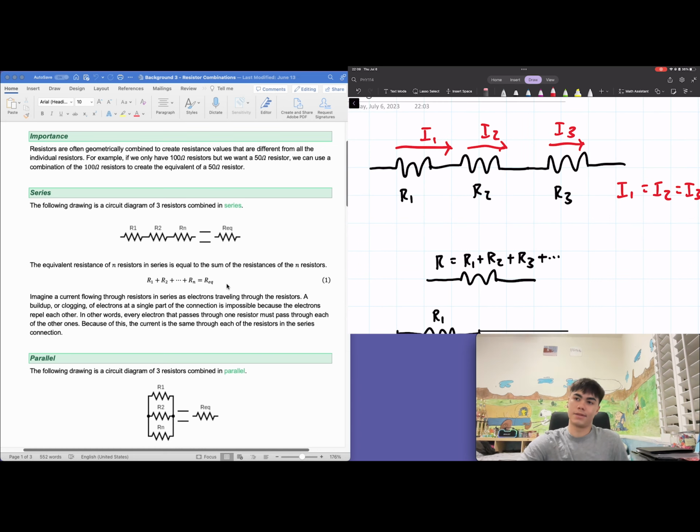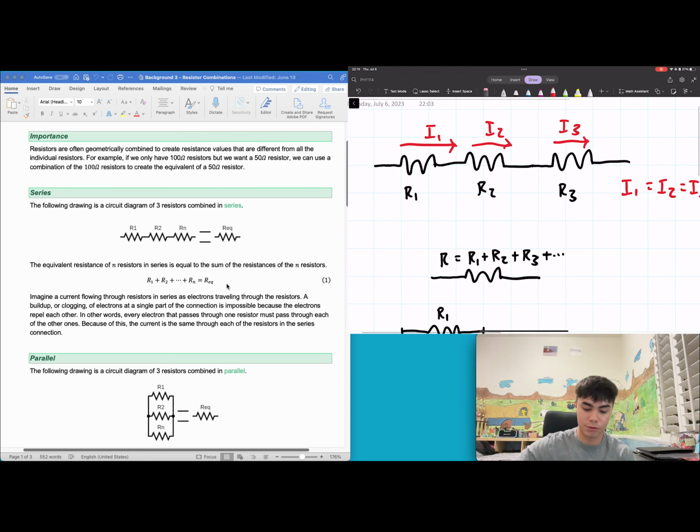This is because it's like water flowing in a pipe, you know? If you have water flowing, it can't suddenly stop flowing, or you'll get a really big buildup right there. That can't happen with electrons either, because the electrons all repel each other, so you can't just get a whole buildup of electrons, it'll just explode. So yeah, the current is the same through all of them.